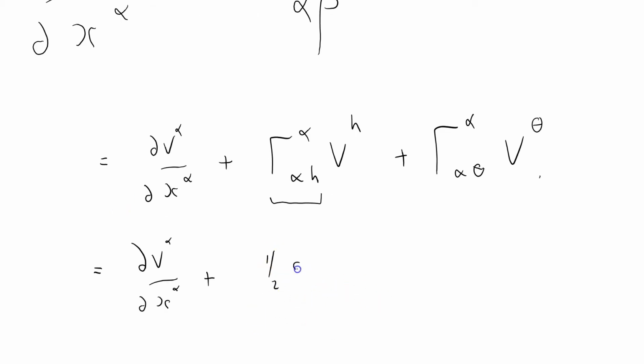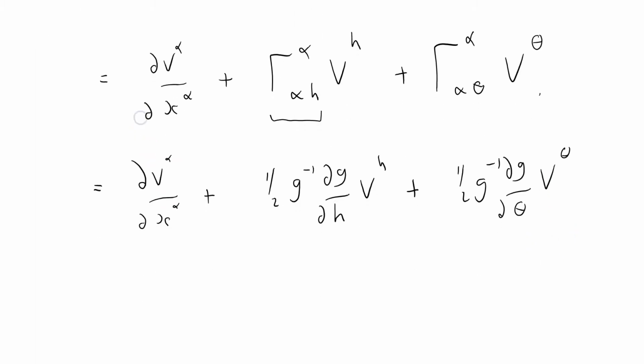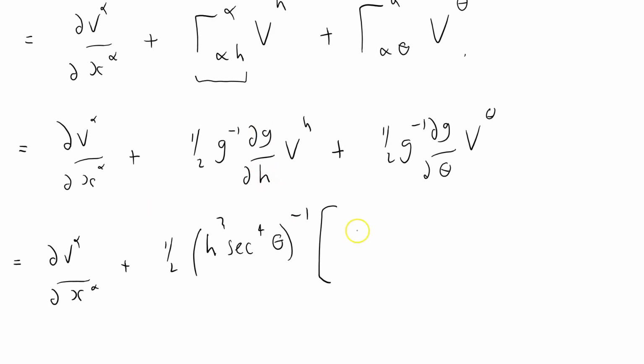It's a half g^-1 ∂g/∂h v^h plus a half g^-1 ∂g/∂θ v^θ, equals ∂v^α/∂x^α plus 1/2 (h² sec⁴θ)^-1 times ∂/∂h of h² sec⁴θ.